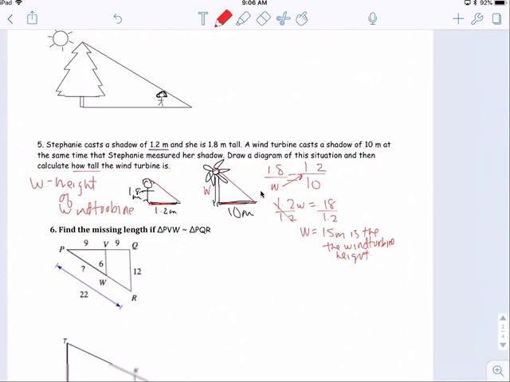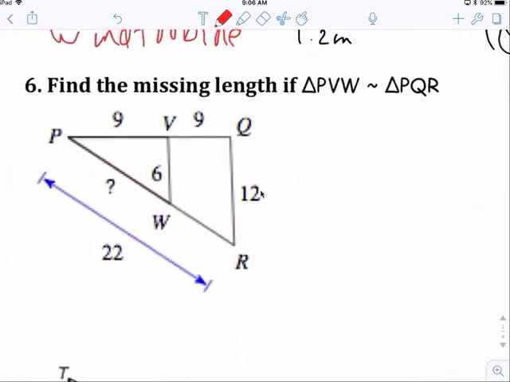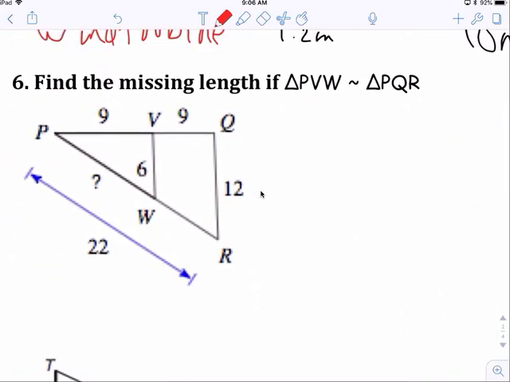Okay. Now, number 6. We started this. The little triangle: PV is 9, V to W is 6, and that's the unknown, that's what we're trying to find.